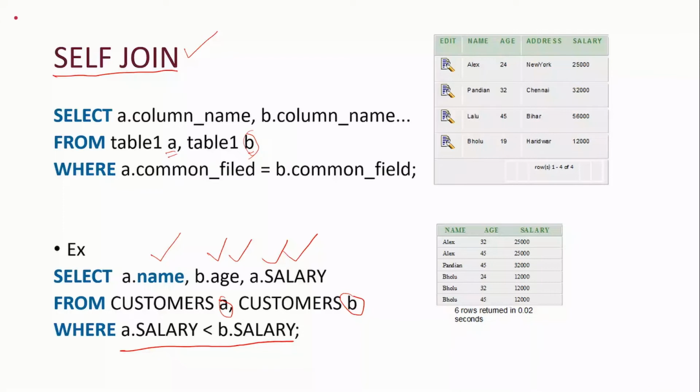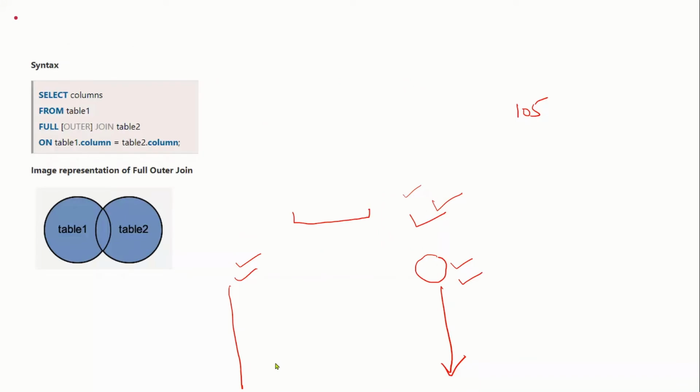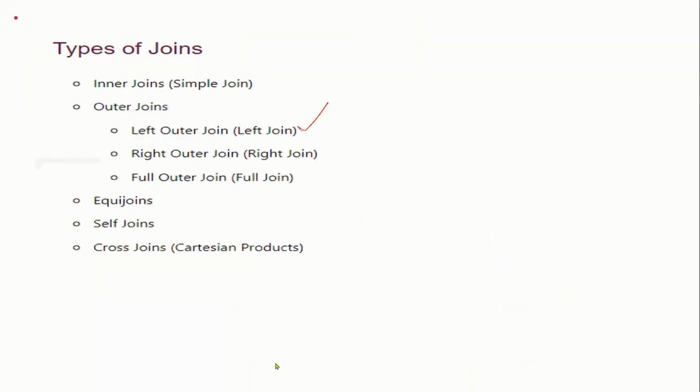So it is all about the join operation. Clear? So still we have time now, so we start with the subquery now. Any doubt within this join operation, students? Inner join, outer join, equijoin, self join.